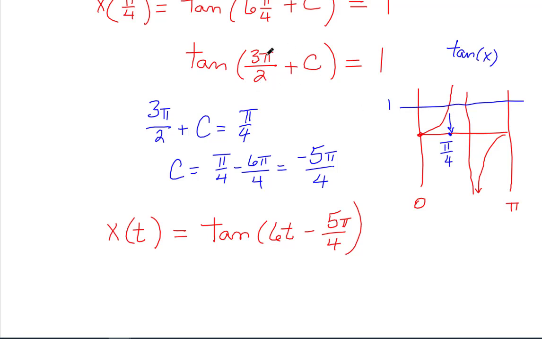So the inside part has to equal pi over 4, allowing us to solve for c, and c is minus 5 pi over 4, giving us our final solution to this differential equation. So again, separation of variables is when I can isolate the variables on opposite sides and perform integrations.